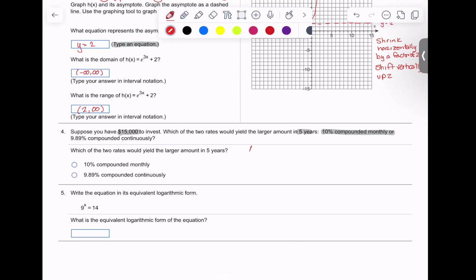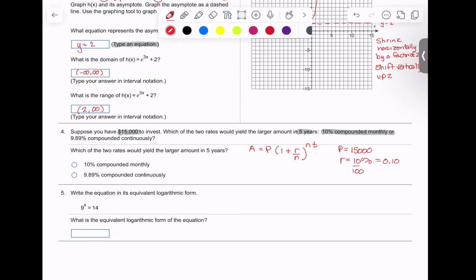So the formula for the first one is A equals P times 1 plus R over N to the NT. Since we're investing $15,000, P is 15,000. We're investing at a rate of 10%, so R is 10%, but we can't do a mathematical calculation using a percentage, so we divide that by 100 and we get 0.10.